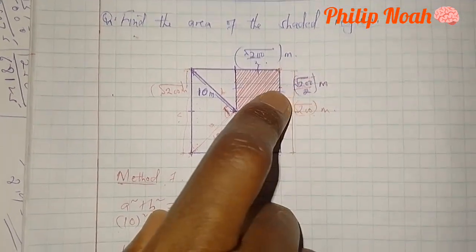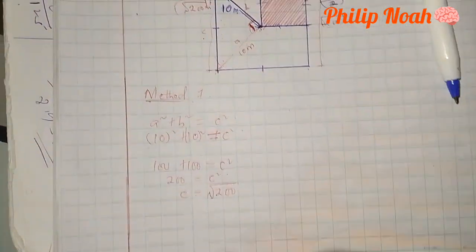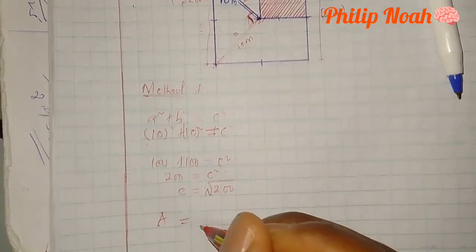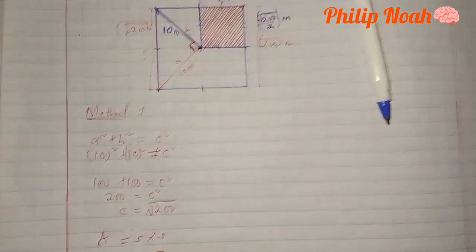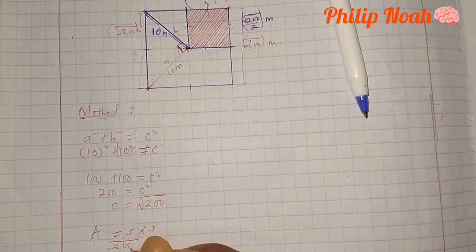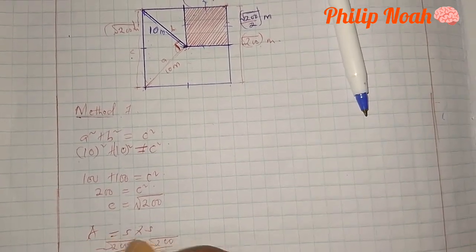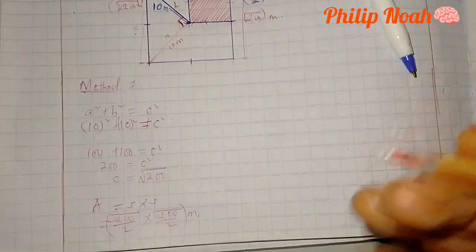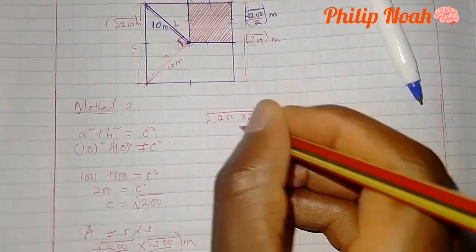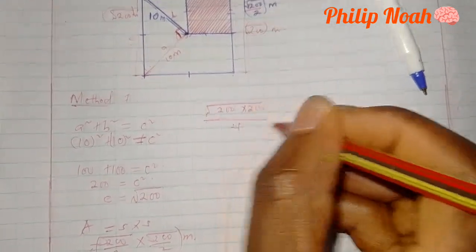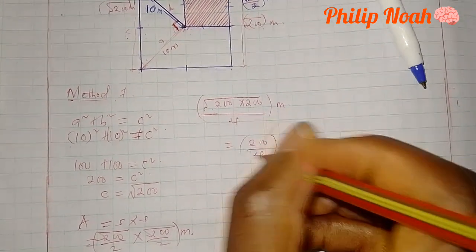So for us to get the area of this figure, since we have gotten the sides as the square root of 200 over 2, the area of the shaded region is equal to side times side. That is the square root of 200 over 2 times the square root of 200 over 2. Now this becomes 200 over 4 meters squared.